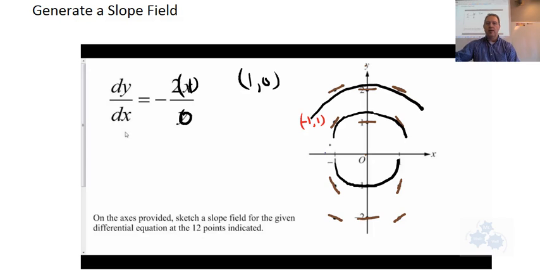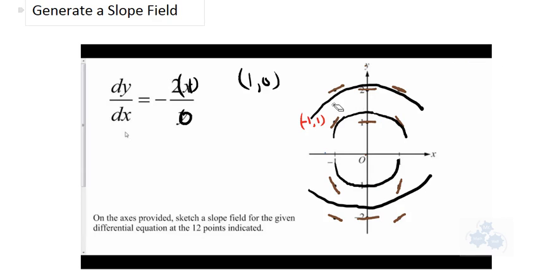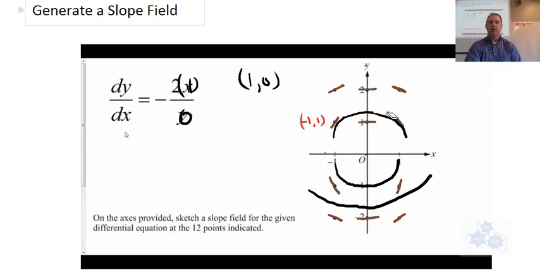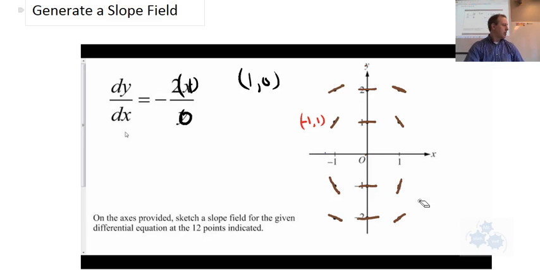So maybe a parabola or something like that, depending on what we're having here. You wouldn't need to draw the functions, and you wouldn't need to speculate, but if you had to, that's what we had to do. So this one's just generate the slope field. Looks something like that.